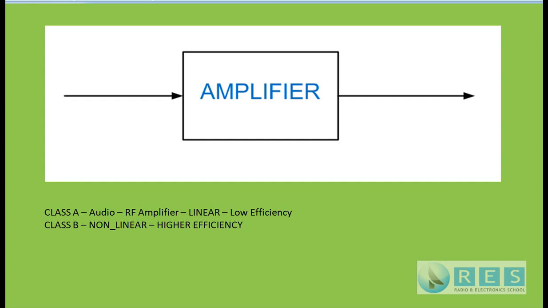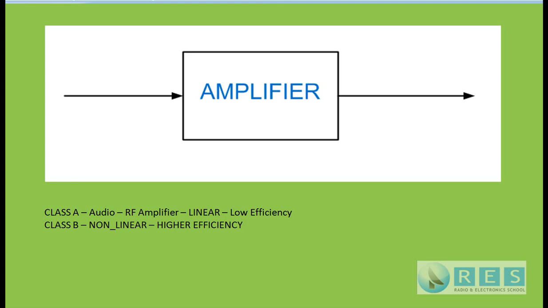And we can do a trick. Even though a single Class B amplifier will only amplify half of the signal, one cycle of the signal, we can do a trick with Class B and use two of them. One to amplify half of the signal and the other to amplify the other half. And if we do that with Class B, we actually make a linear amplifier called a Class B push-pull amplifier.